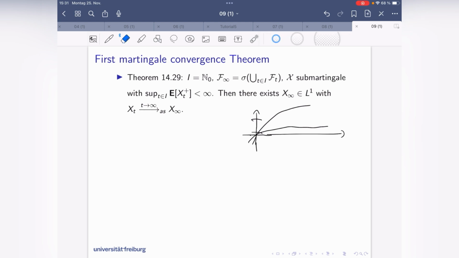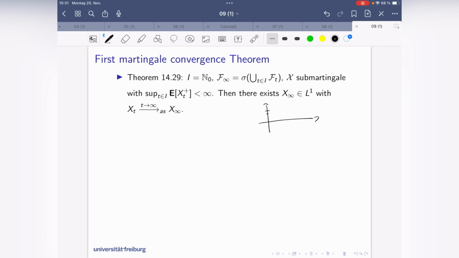But if it does not diverge, basically the only possibility is convergence, where the number of upcrossings is finite between any a and b. It can converge.